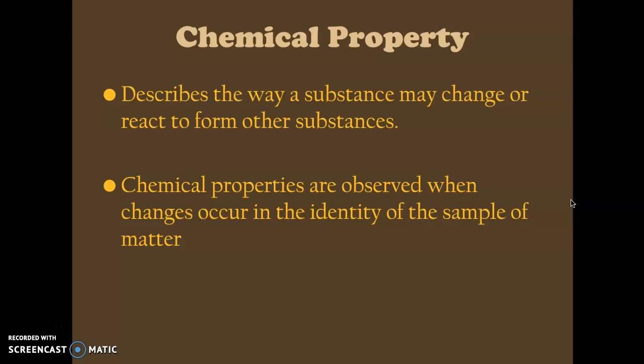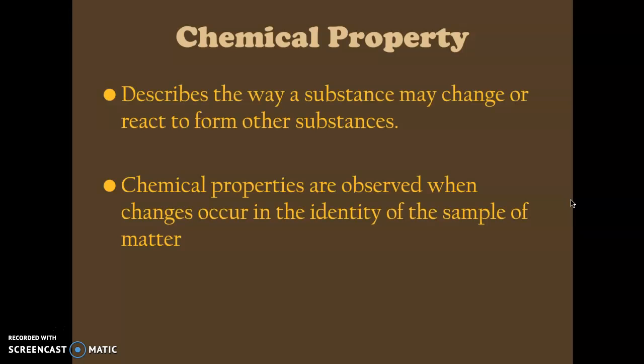And you can see the first bullet point saying, may change or react to form other substances. It's how it behaves in chemical reactions. And chemical properties, you can observe them when you are combining them with other substances. So that's what a chemical property is.